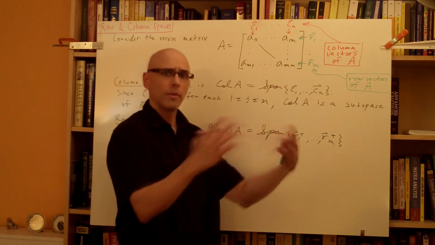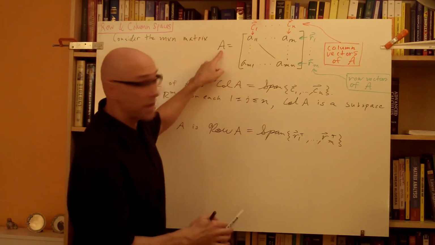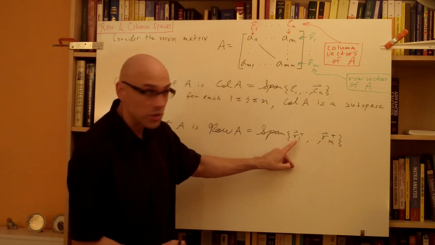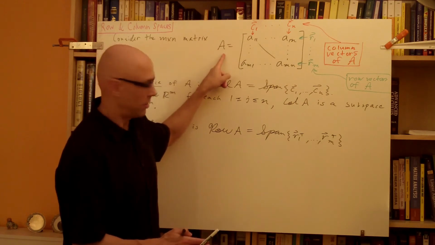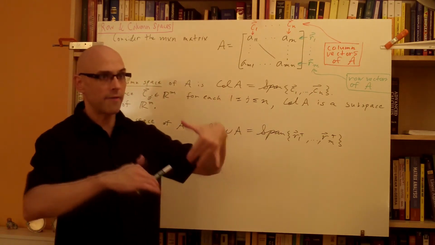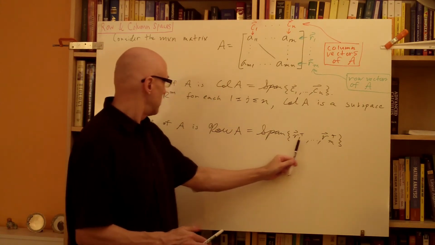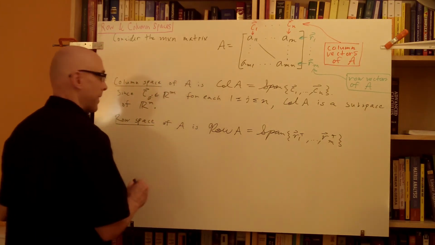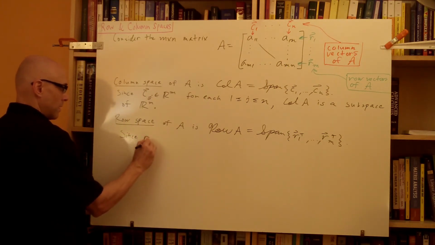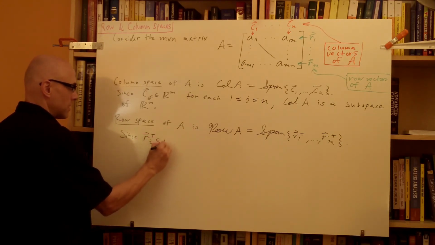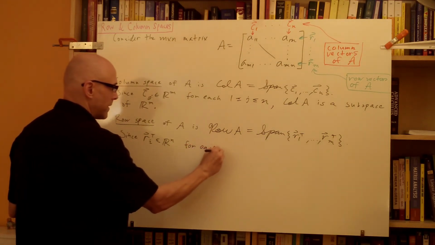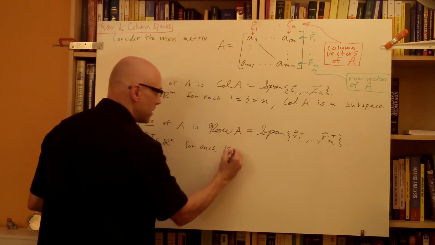Okay, so now these are our column vectors, but the row space of A then is the span of the transposes of the row vectors of the matrix A. But now these are column vectors just like these are, and these guys, of course, are in Rn, since Ri transpose is in Rn for each i from 1 to m.